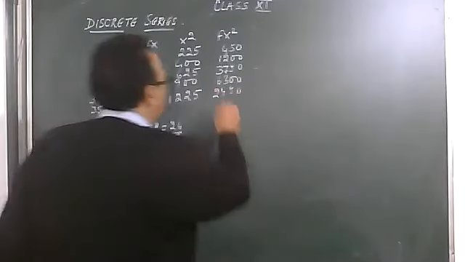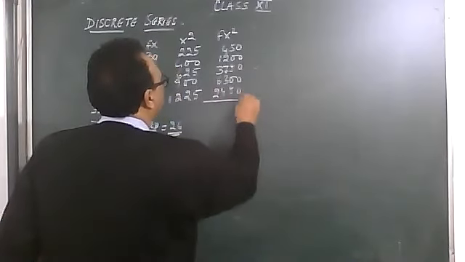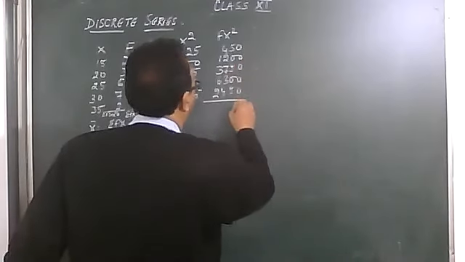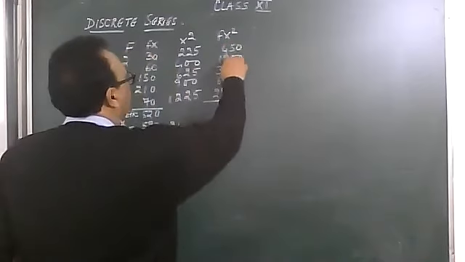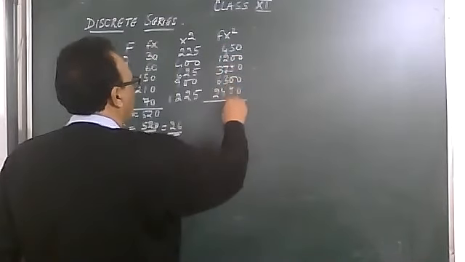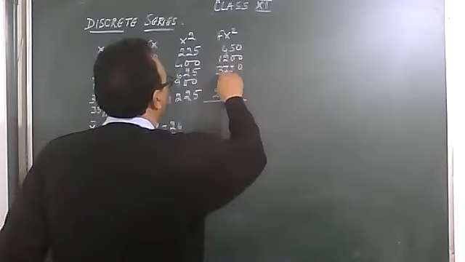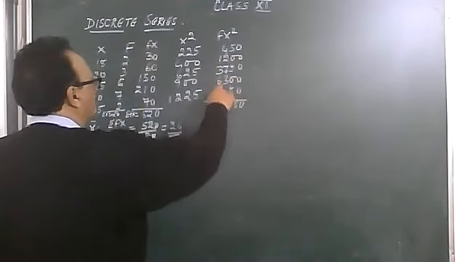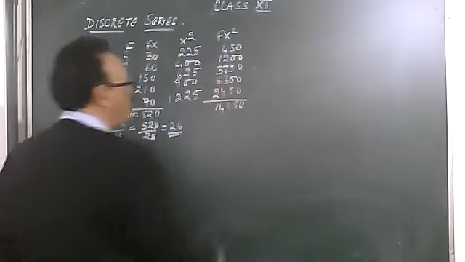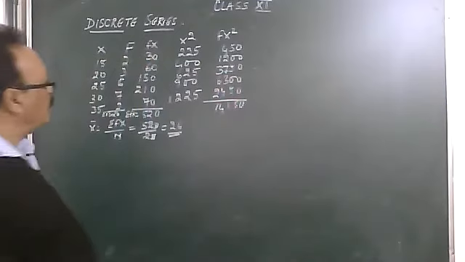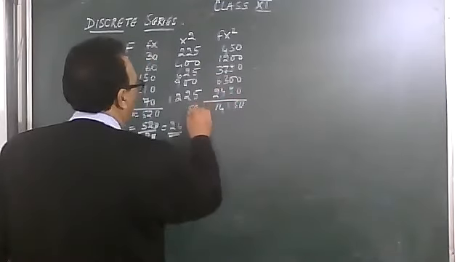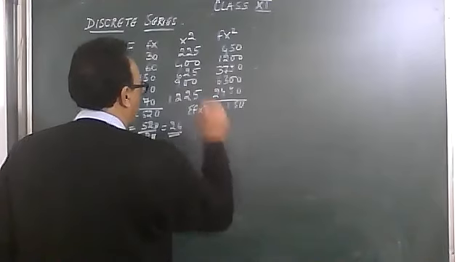Okay? Add it up: 0, 5, 10, 15, 5, 7, 14, 17, 21, 2, and 3, 6, and 6, 12, 13, 14, 1, 4, 1, 5, 0, sigma fx squared.